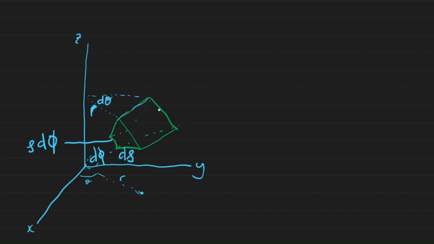So let me rewrite that r again. So it means that this length is actually r d theta. However, we don't express anything in r anymore. We saw just now that r was actually equal to rho sine phi. So we do this change of variables. So that's actually equal to rho sine phi d theta.